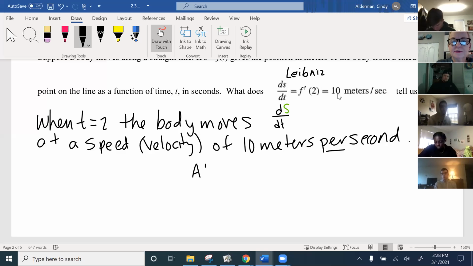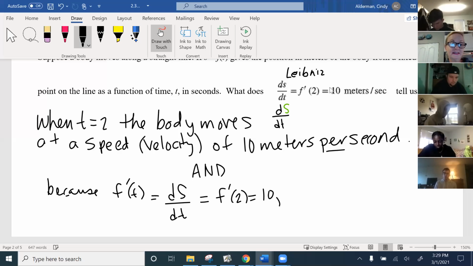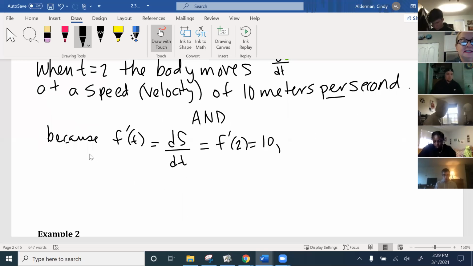Now this is where the relationship comes into what we're about to do. Because the derivative, which we can write as ds over dt, at 2 is equal to 10, we can say that the change in s over the change in t, which is the same thing as the derivative, equals 10.